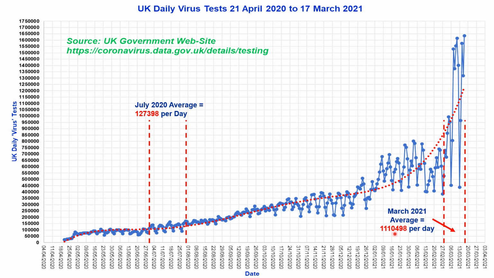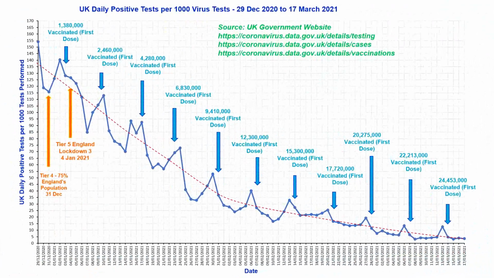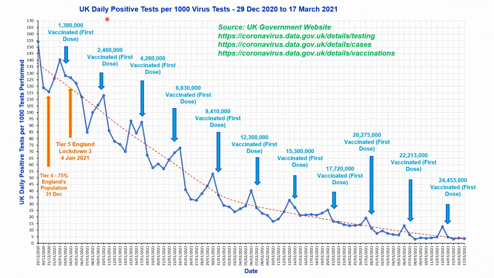But on average, it was 1,110,500. Okay, so this is just showing you why those positive tests are going back up. Now, if we look at the UK daily positive tests per 1,000 virus tests, we get this graph.